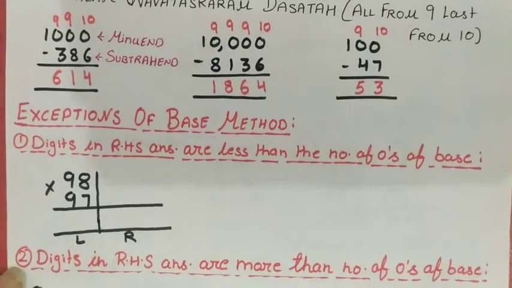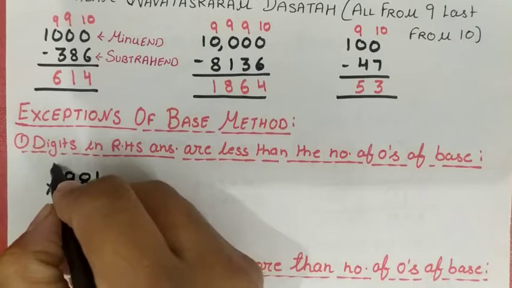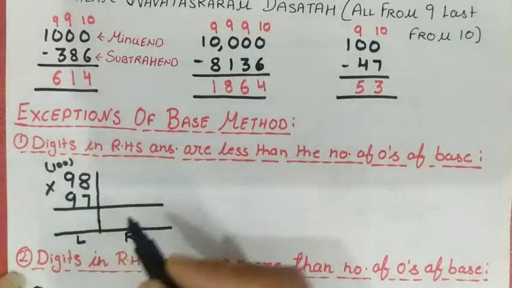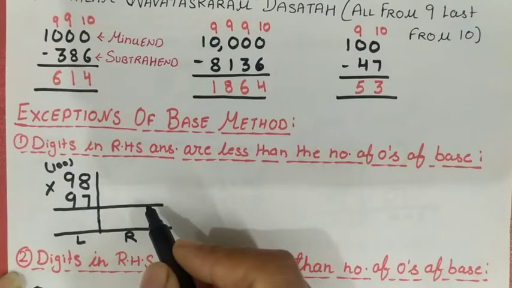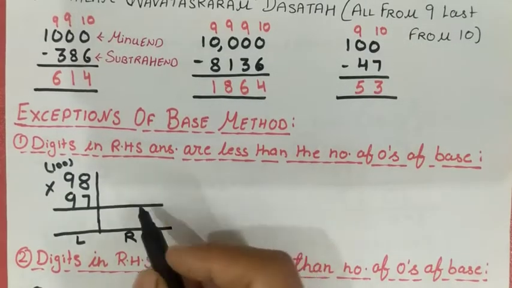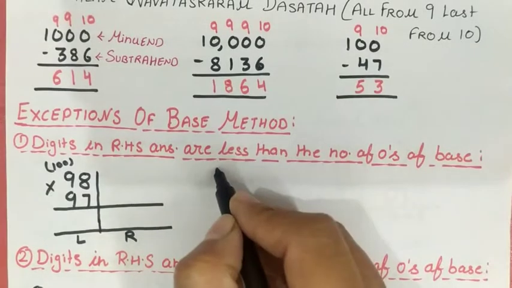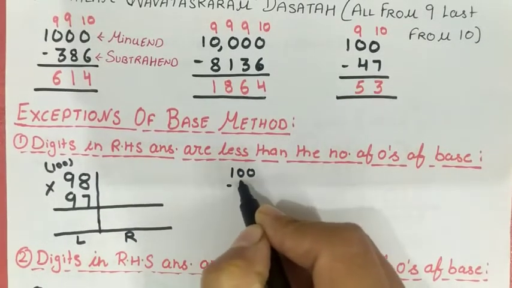On the left hand side part, write down the numbers you want to multiply, put here the base, and on the right hand side part, write down the differences or deviations of your numbers from the base. What is the difference of the number 98 from base 100?